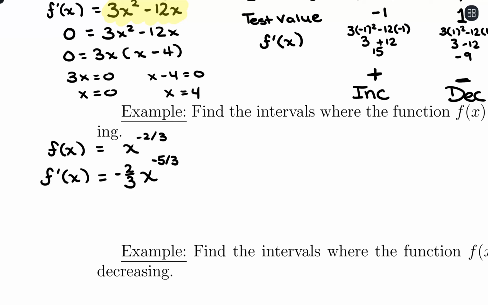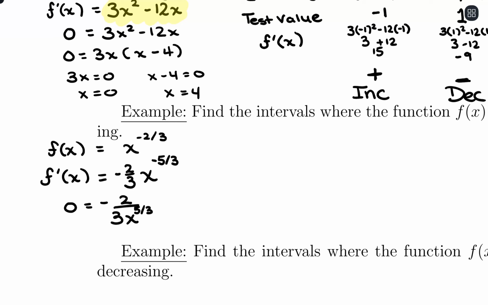Okay, so we want to see where this is equal to 0. So 0 equals -2/3, and actually I am going to rearrange this. So I'm going to do -2 over 3, and then x to the -5/3, I'm going to bring that down to the denominator, so that it's x to the +5/3.